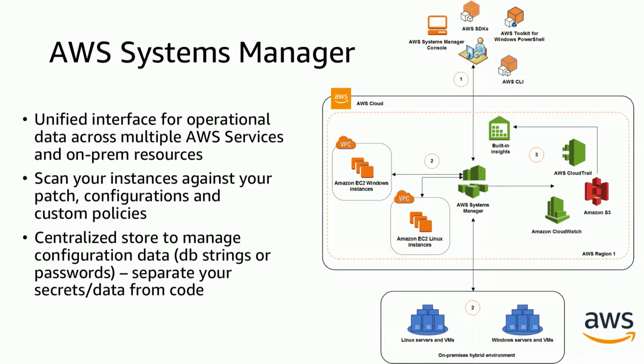So in this example, as you can see down there, you have a couple of different VPCs, which could be for different reasons. One is for Linux instances, which would probably be running your render farm. Another one, EC2 Windows instances, doing something else like checking email or some other process. And then there are the on-premises resources, right?